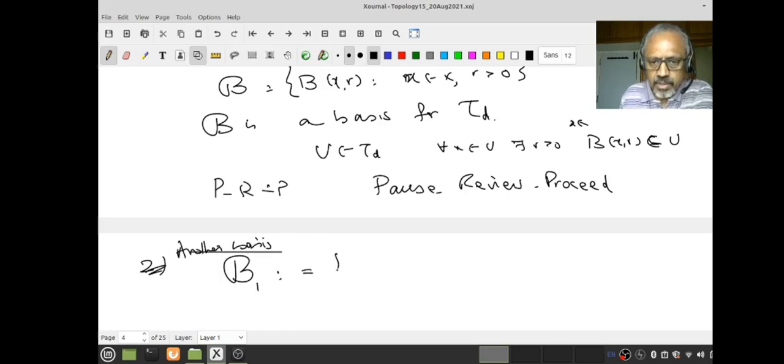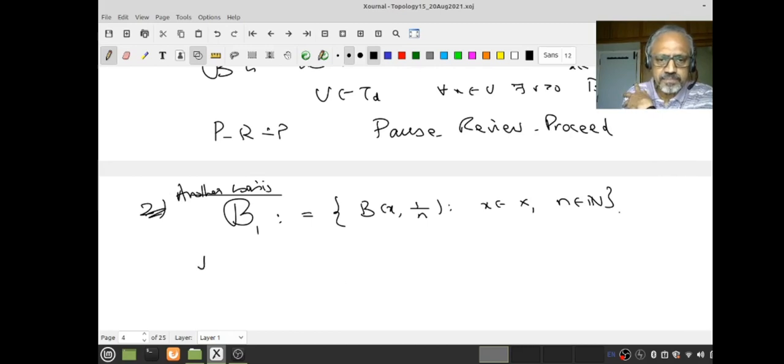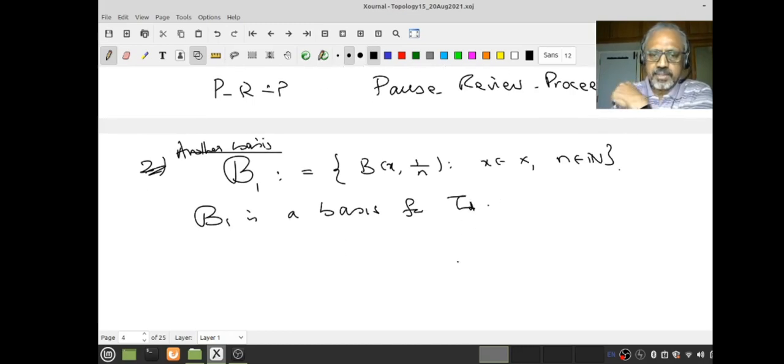This consists of all B(x, 1/n), such that x is in capital X and n is a natural number. How many of you can see this is a basis?